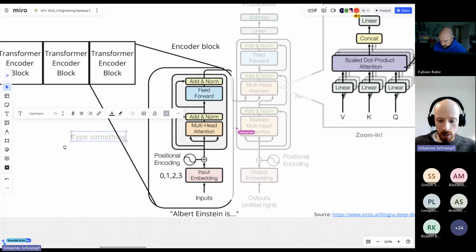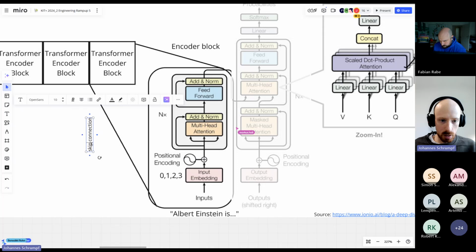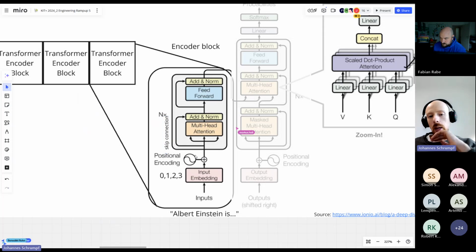Let me add a label for that. This is a so-called skip connection that is being used here, where the raw input, or the unprocessed input, and the input that has been processed by the multi-head attention block get added together.